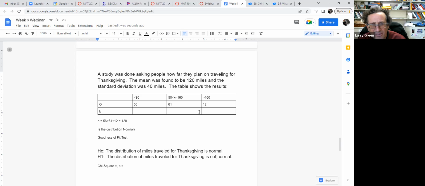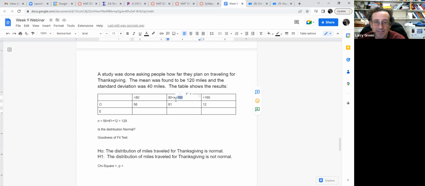All right, so now notice that the mean was 120. The standard deviation was 40. It's not a coincidence that if I take 120 and subtract 40, I get 80. And if I take 120 and add 40, I get 160. I did that to make life easy.